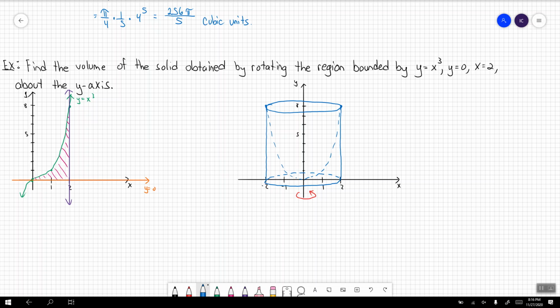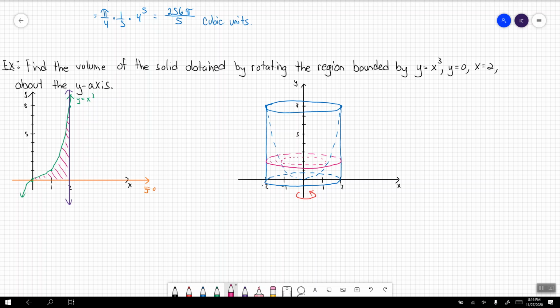So when we want to look at the cross section for this particular area, we're going to have to be very, very careful here, because the cross section for this area not only creates this circular figure, but the circular cross section has an embedded hole right smack in the middle.